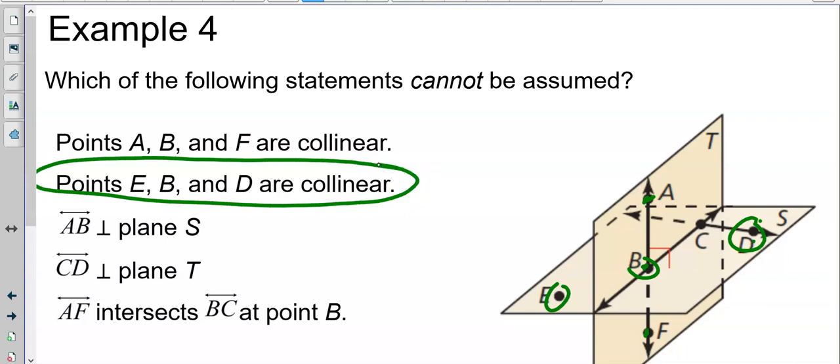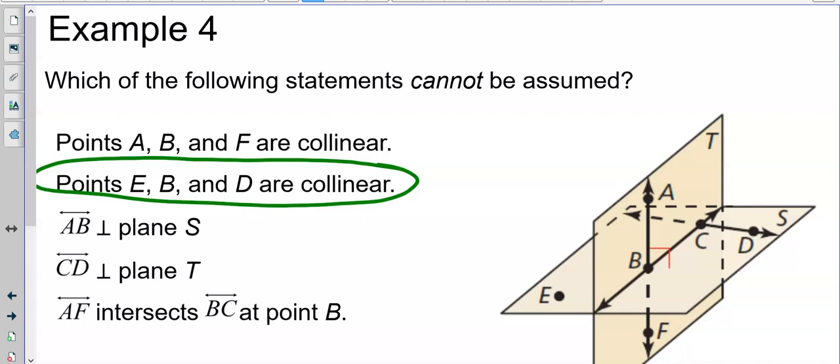All right? Line AB is perpendicular to plane S. So line AB, which is right here, is perpendicular to plane S. That's this plane right here. We know that because of that symbol right there. So we're good. No assumption. We know it.